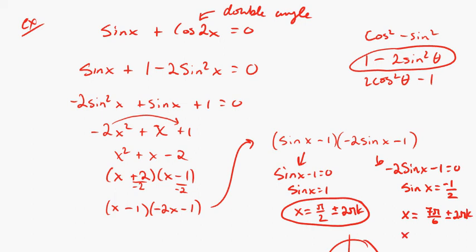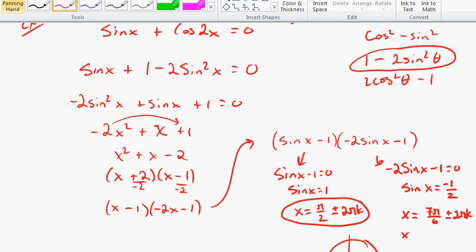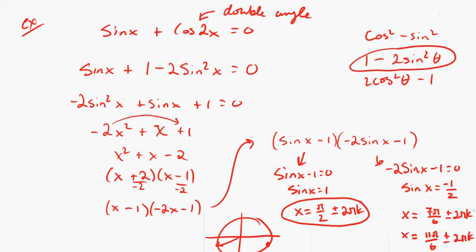The other place, and I realize this might be too low down there, so I'm going to take this drawing and scoot it up a little bit. The other place where we have this height is back this way at basically negative pi over 6, which is 11 pi over 6. And then we plus or minus 2 pi k.